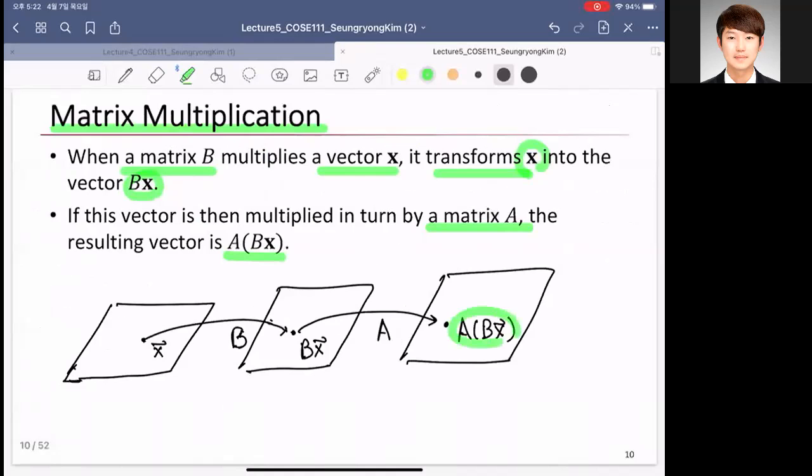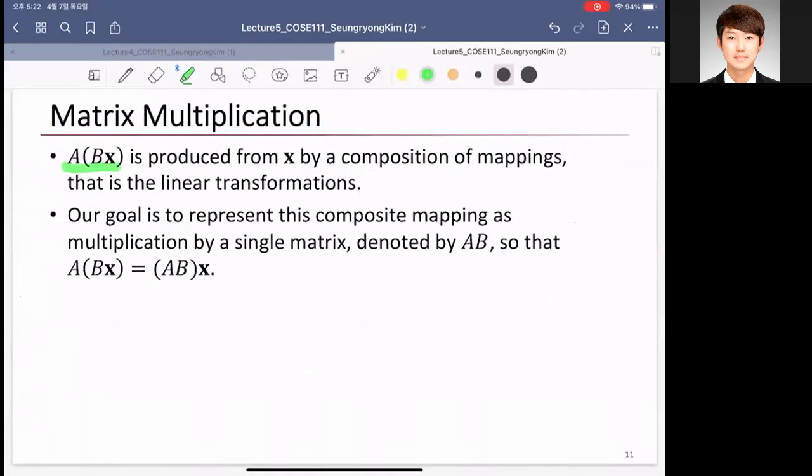ABX is produced from X by composition of the mappings B and A, which are linear transformations.